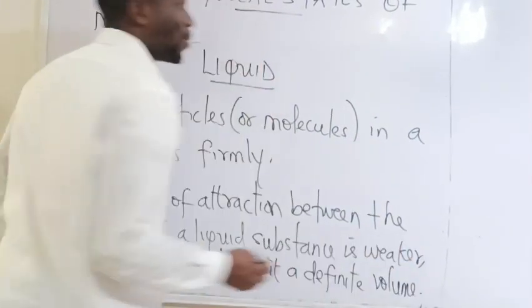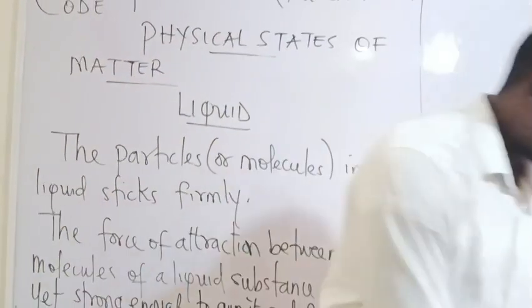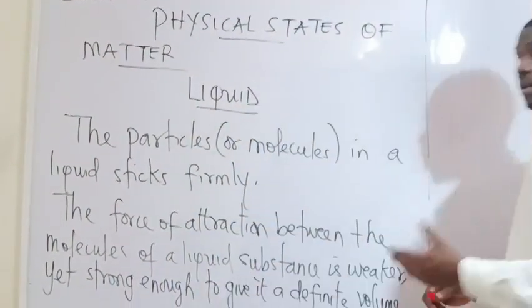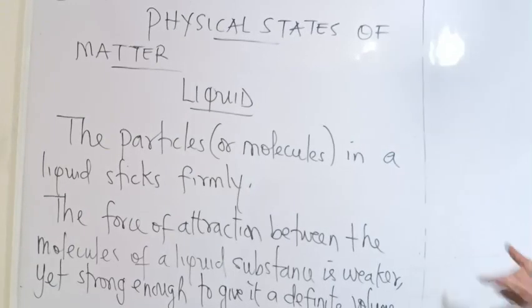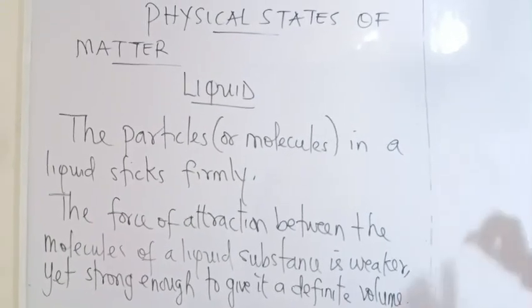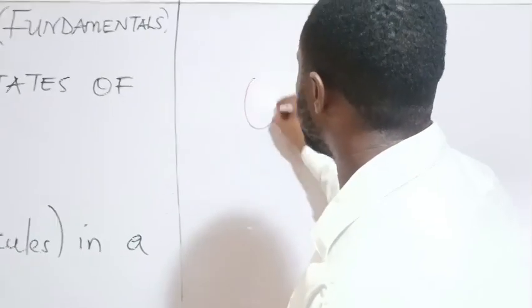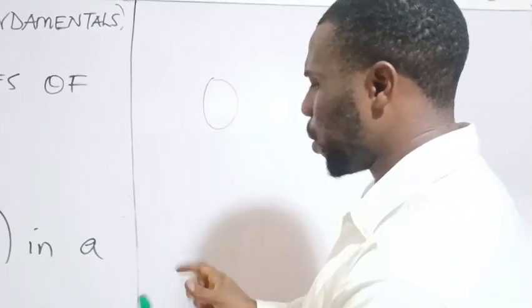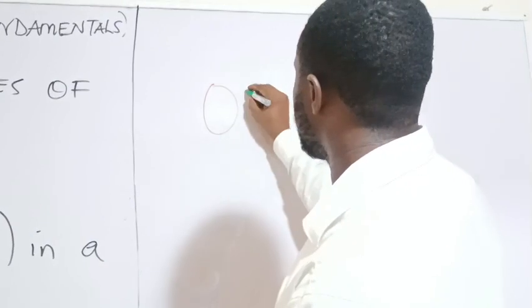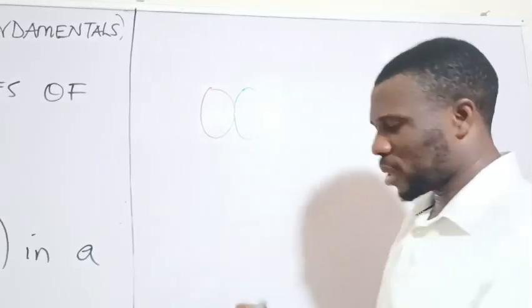Alright, now I may need to draw how the molecules or particles of a liquid substance are spaced in between one another. So this is a molecule of a liquid substance. A molecule is a cluster of two or more atoms.